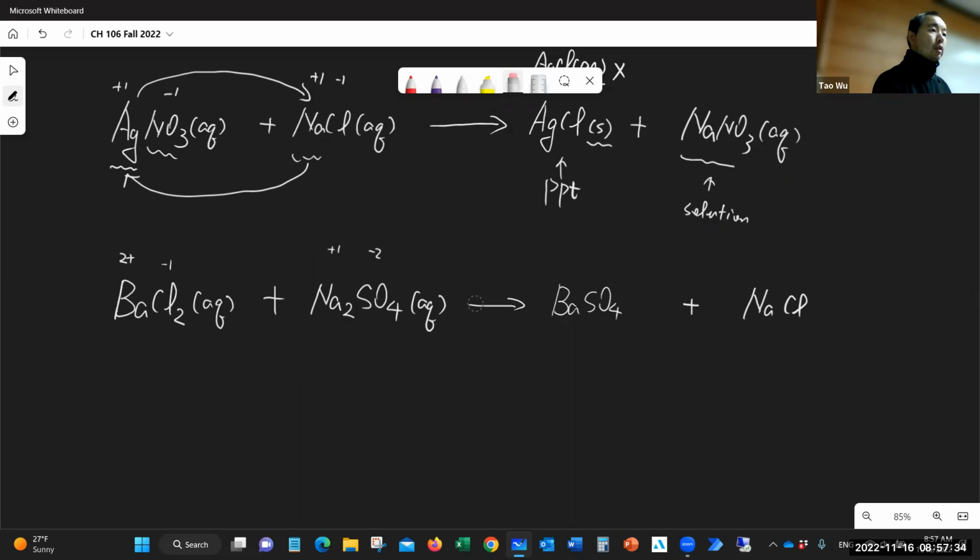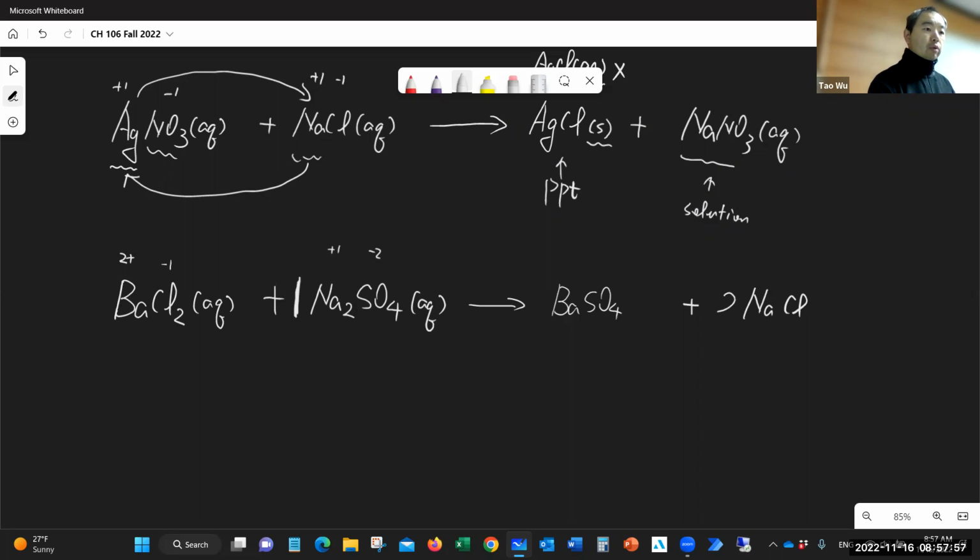To balance this equation, we try to start with something that has multiple elements and the highest number. So I assume this guy is a 1, and I'm looking for sodium sulfate. If this has 1, then we're going to have 2 sodium and 1 sulfate on the right side.